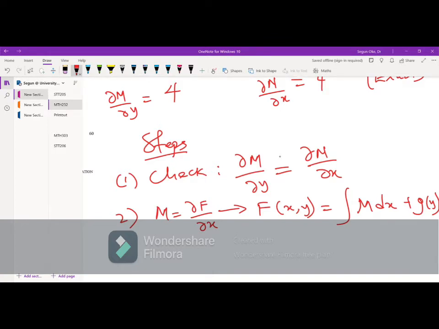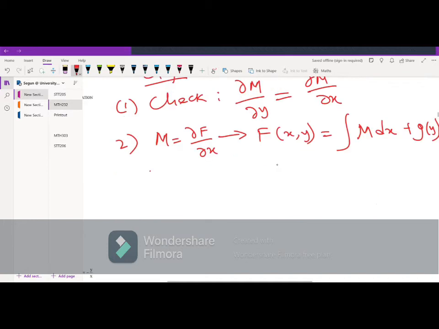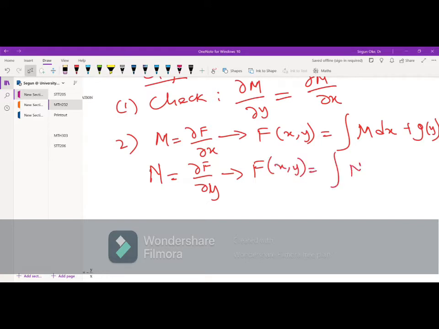But the same thing happens when you are dealing with N, which is the f_y, which is F of x comma y, the same thing as the integral of N dy plus h of x.